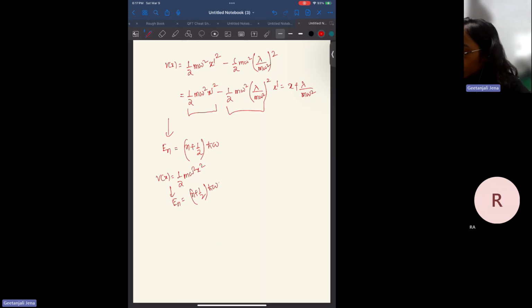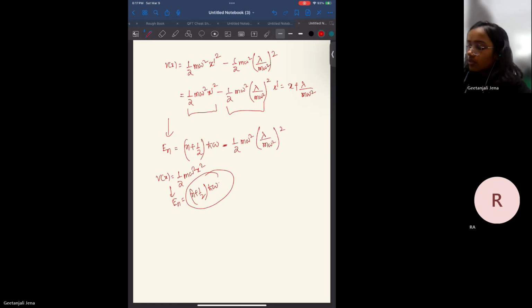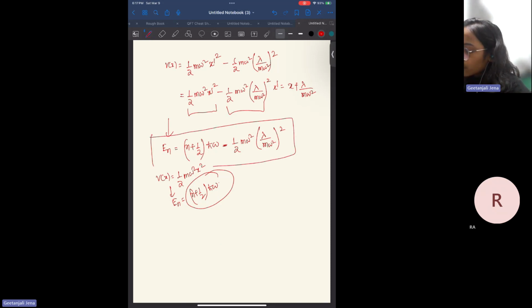So now, in addition to this, there is a constant term here. So the resultant energy eigenvalue will be this term minus the constant term. Okay. So this is the final expression for the energy eigenvalue for this kind of potential, where V of x is half m omega square x square with one linear term of x.